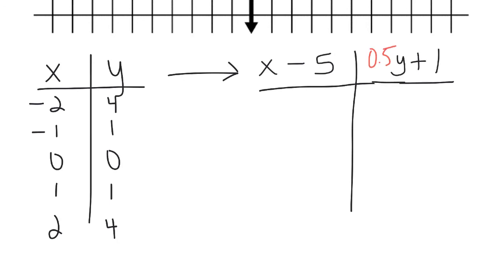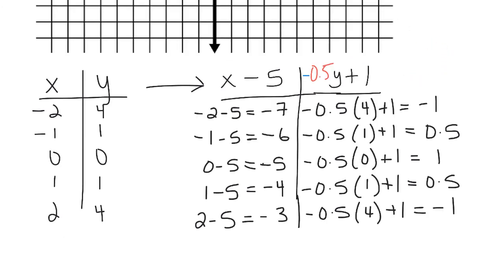But then also don't forget that there was a negative sign in front of the equation as well. So we also need to incorporate that right at the front. So you are actually going to take all of your original y values, first multiply them by negative 0.5, and then add a 1.